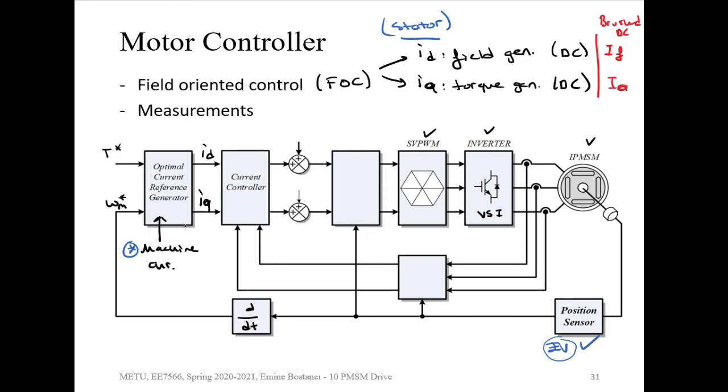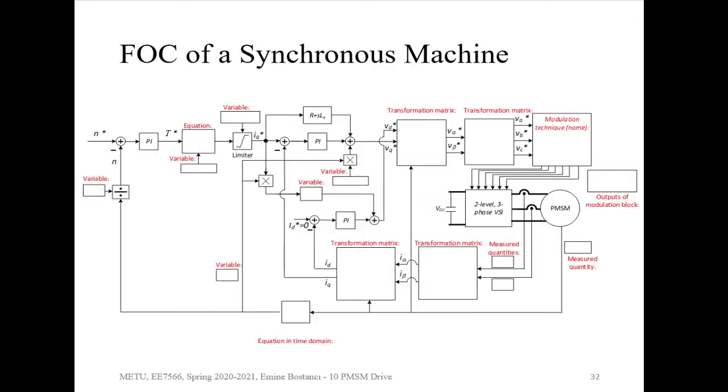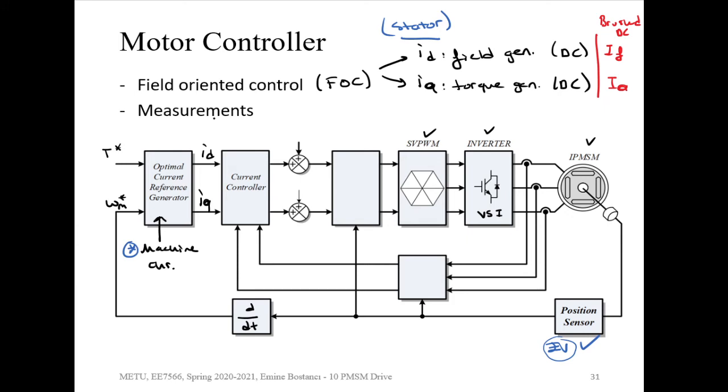These terms, which I'm going to show in the next slide, are going to be the VD feed forward term and the VQ feed forward term. We are just going to help the current controller. In the current controller, we are going to have PI controllers.